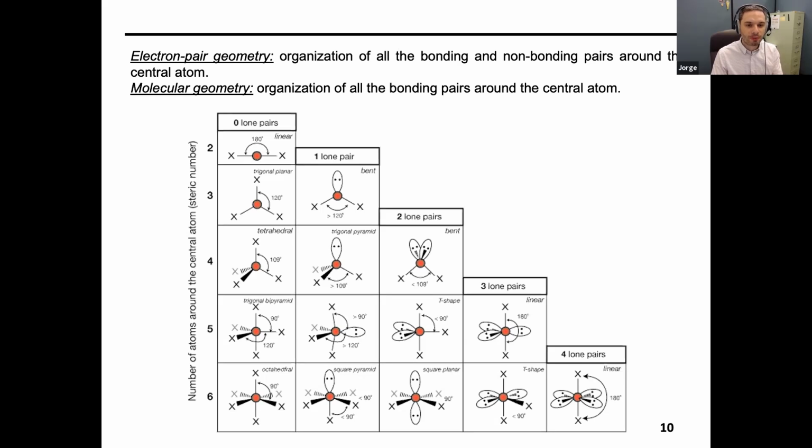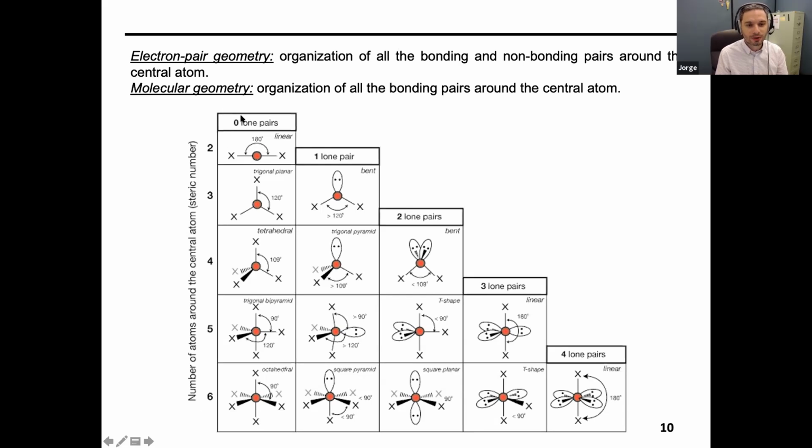For the molecular geometry, we are going to take the electron pair geometry and fill up the spots that are available for the atoms. You can always follow this table here that will give you all the situations that are possible to happen. On the vertical axis, we have the steric number. And then on top of each column, the number of lone pairs located at the central atom.